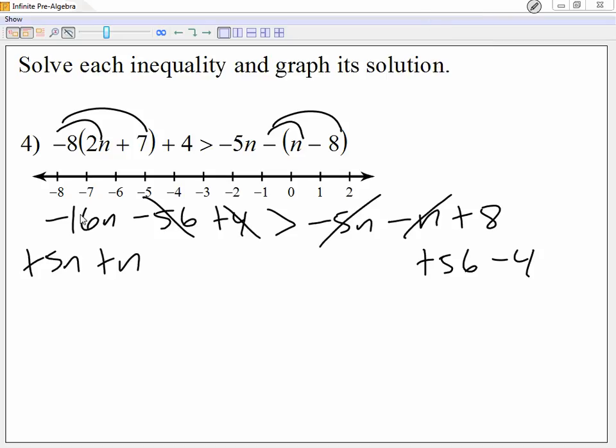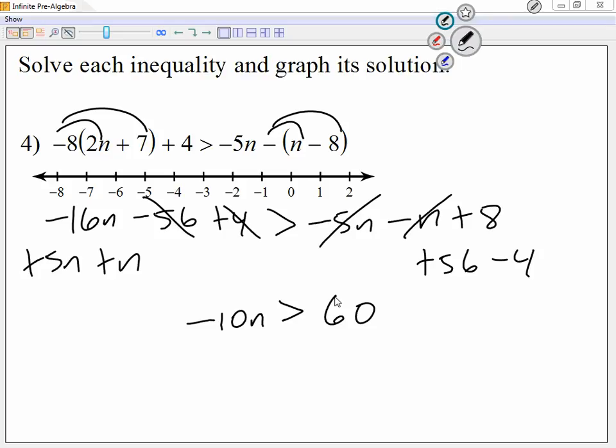Now looking at the left, negative 16, positive 5, right? I'm combining my letters. Negative 16, positive 5, that's negative 11. Negative 11 plus 1, that's negative 10. I simplify my numbers. Now looking on the right, 8 plus 56 is 64. 64 minus 4, 60.